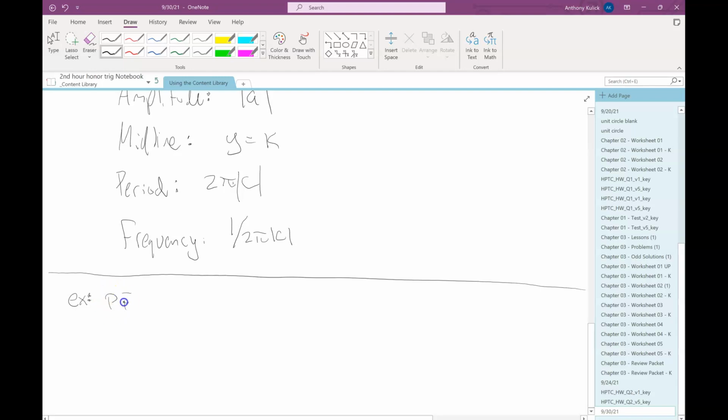So let's say our parent function here is sine, and let's say that we have a couple of transformations. And we'll describe a bunch of stuff about these.